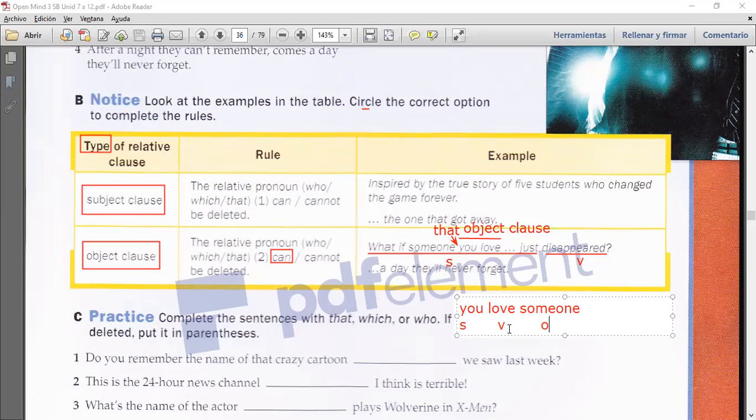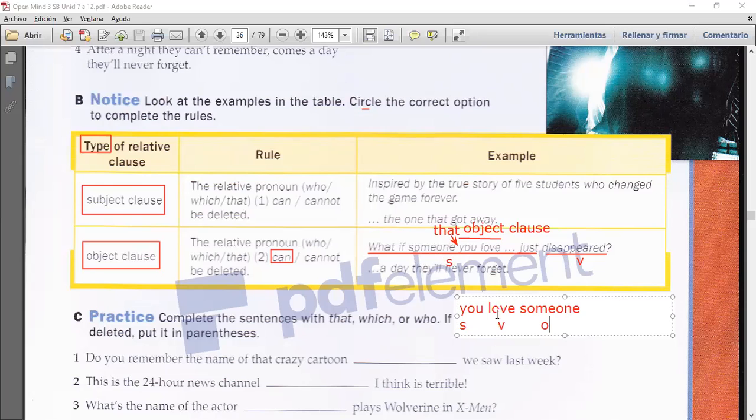You love him, you love her, you love someone. And we can eliminate someone, but it's next to it. It's in the main sentence. It's in the principal sentence. What if someone you love just disappear?